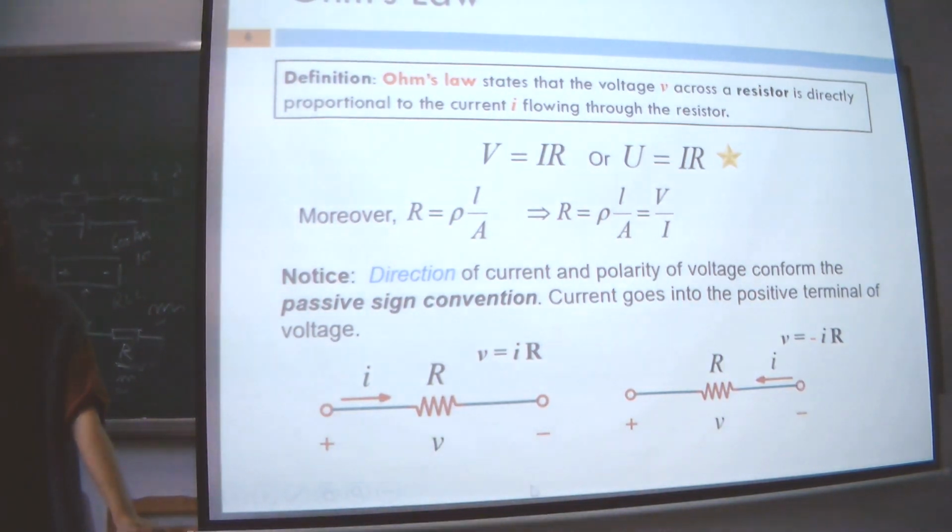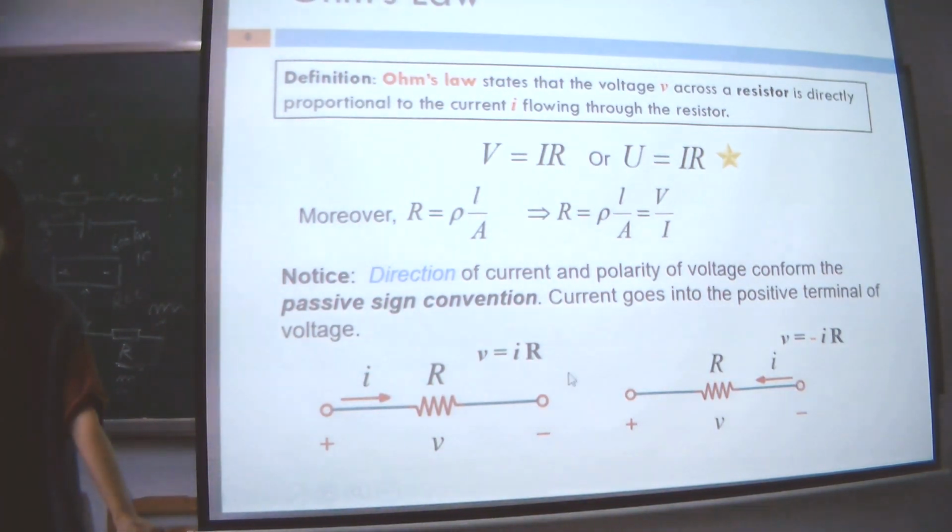In this way, we have V equals IR. But if we change to the active sign convention, we get a negative sign and the equation of V changes. We don't like it, so we just remember this one.